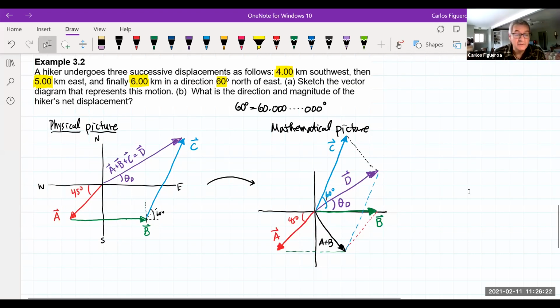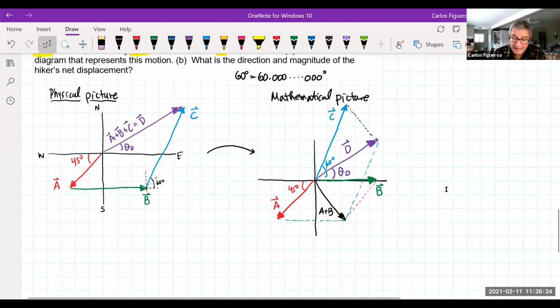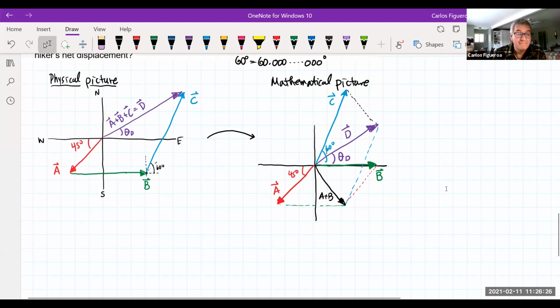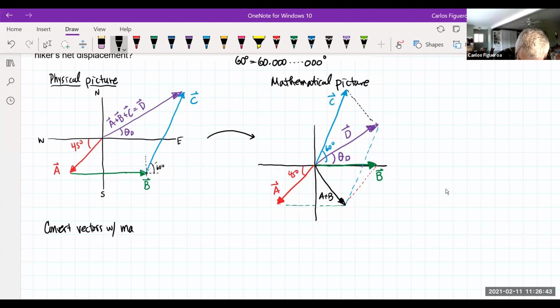What we want to do now is convert vectors that have magnitude and direction into components.